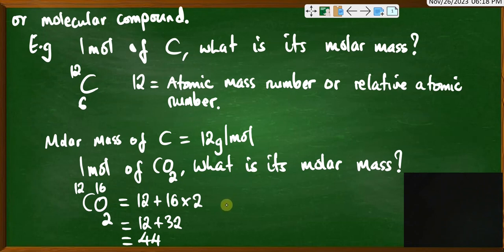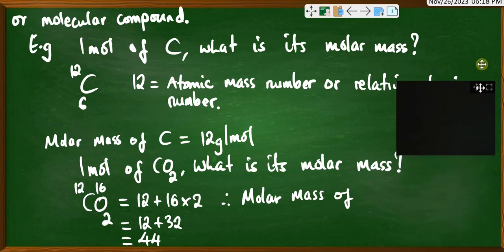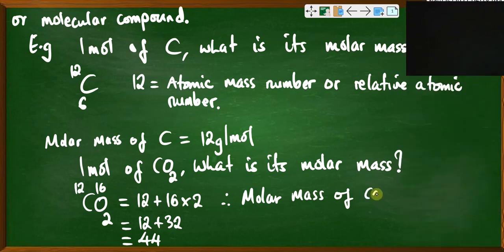So the molar mass of carbon dioxide is equal to the same one here, which will be 44. Now we'll just add grams per mole. Okay, so let's proceed to the next page.